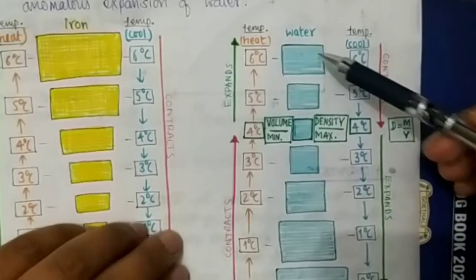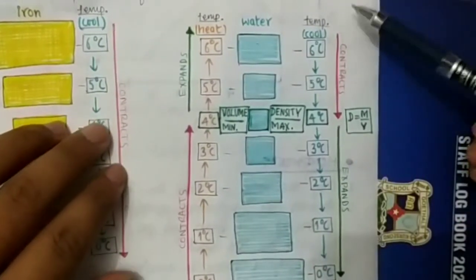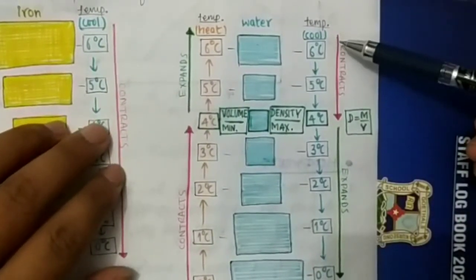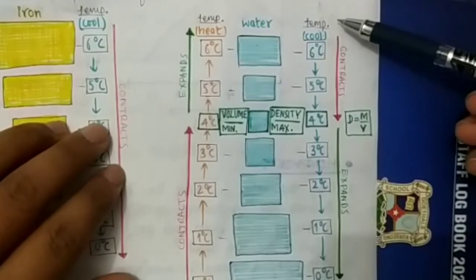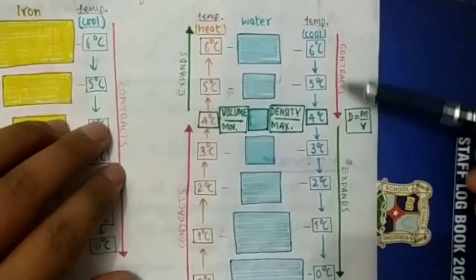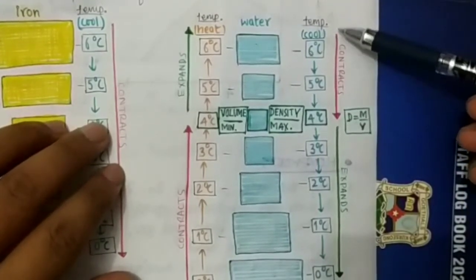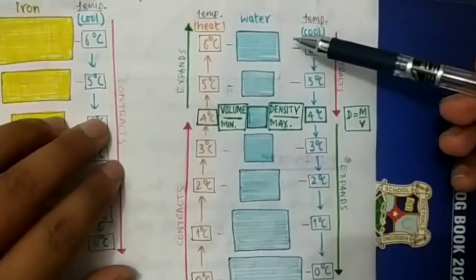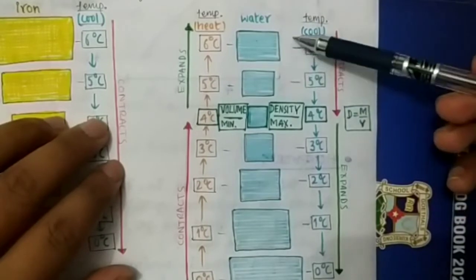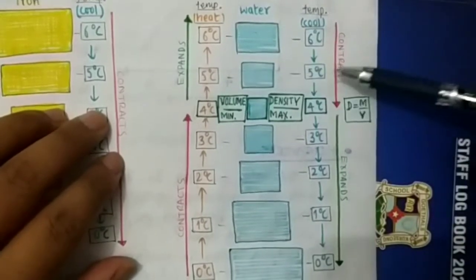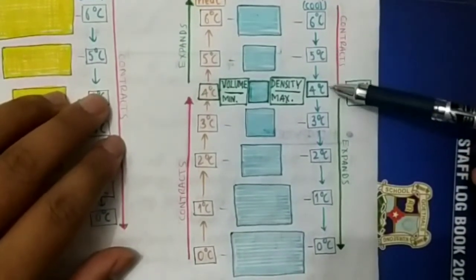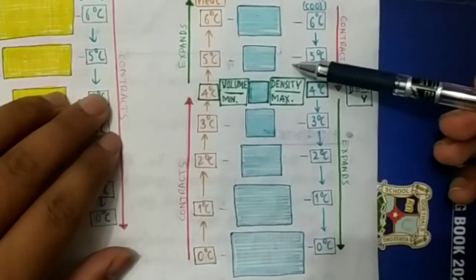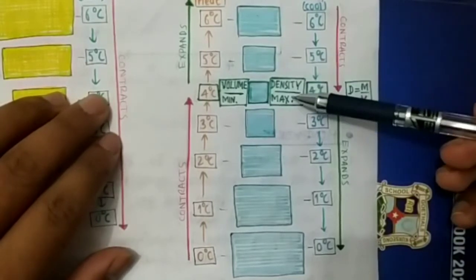Similarly, if you cool the water from higher temperatures to the lower temperature, let's say from 6 degrees Celsius to 5 degrees Celsius, water will contract, or its volume will decrease. When it's cooled from 5 degrees to 4 degrees, again its volume decreases, or it will contract.